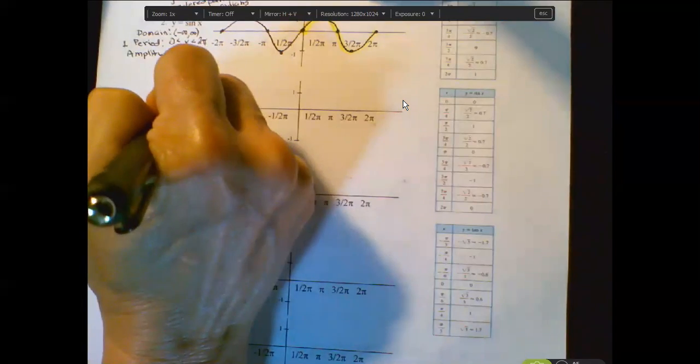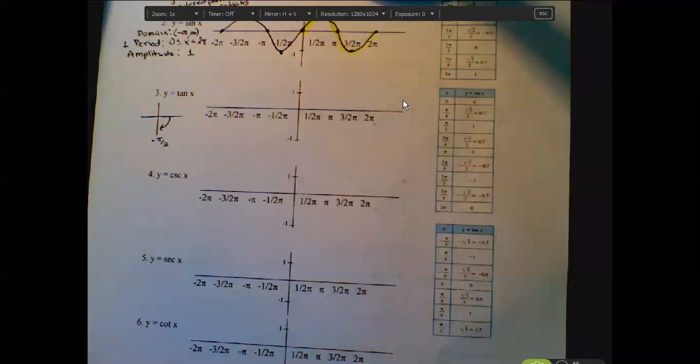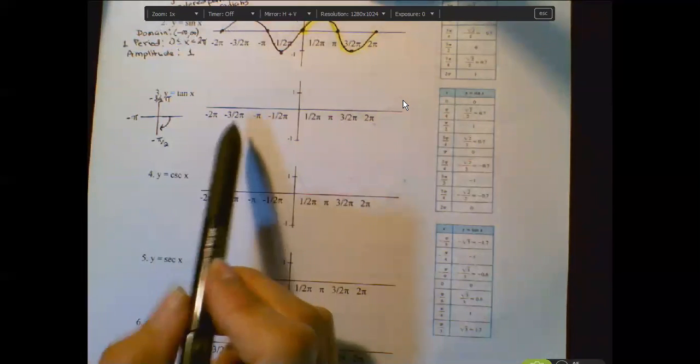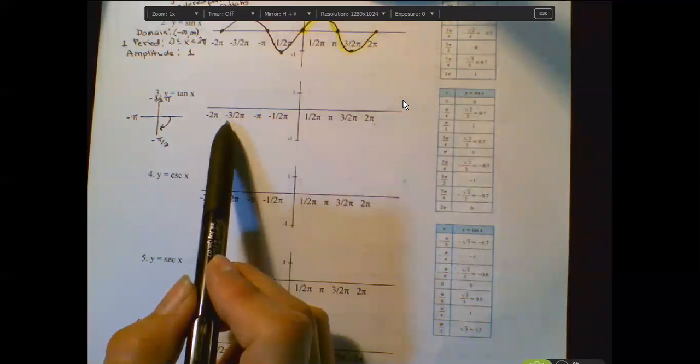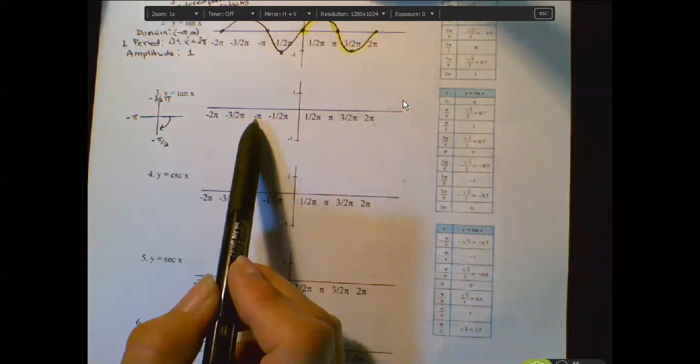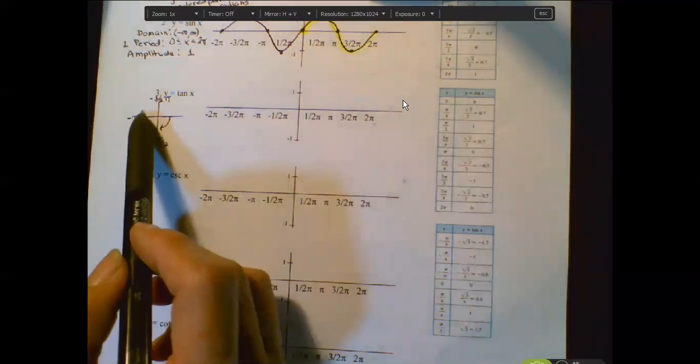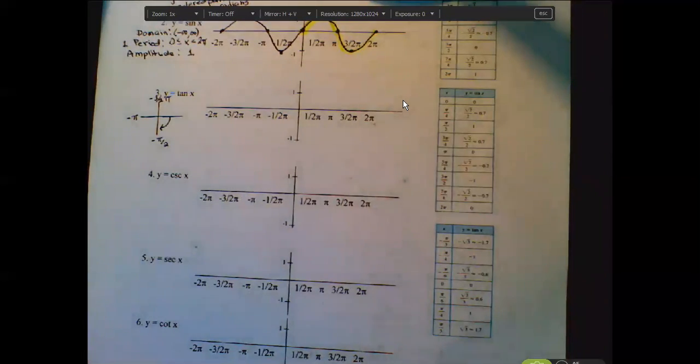We're counting this way. Yes. This is negative pi, and this is negative 3/2 pi. So you're saying between negative 3/2 pi and negative pi, that should be quadrant 2. Did I say 3 on the video? No, you said 2. Okay.